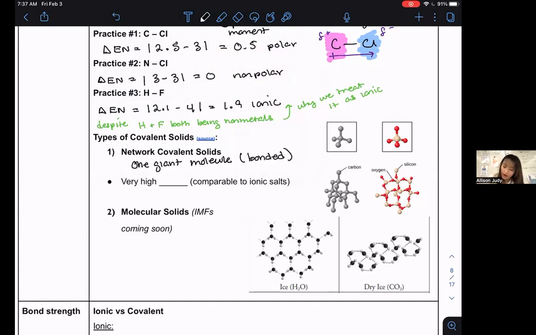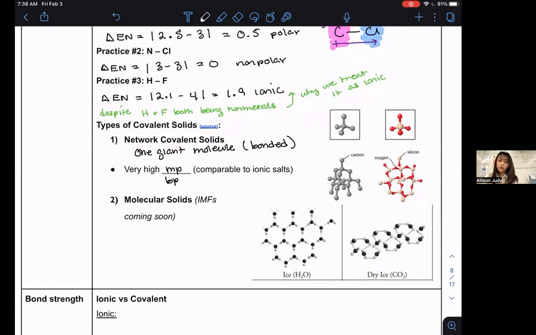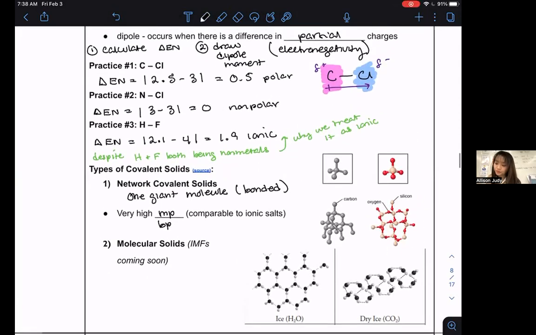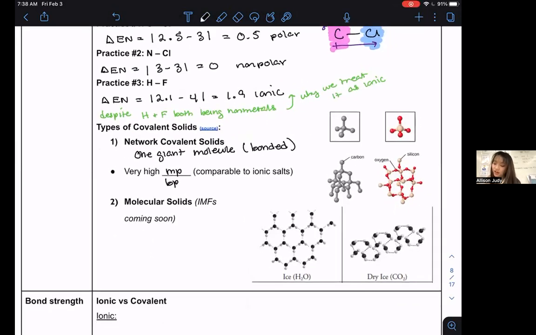And they have very high melting points and boiling points, okay, compared to those ionic salts, which also are quite high, okay? But what they have in common is that the structure is connected through bonding, through actual bonds, okay? And that will become important as we continue on in our lesson to distinguish molecules interacting through bonding versus molecules just interacting through attractions in general, okay?